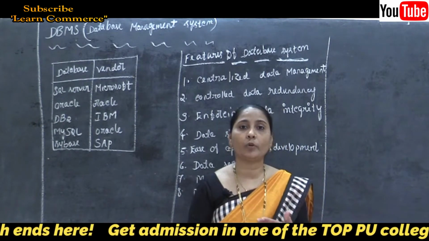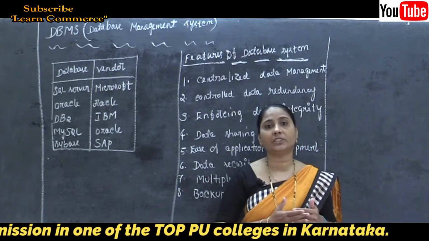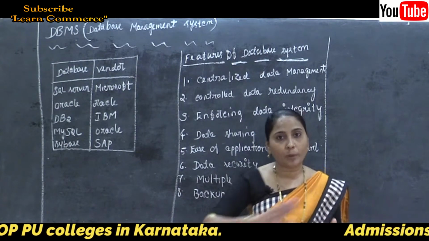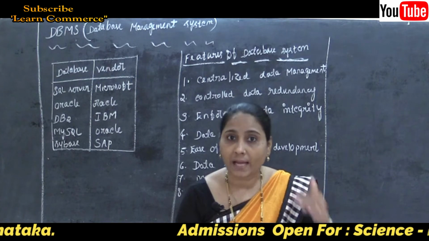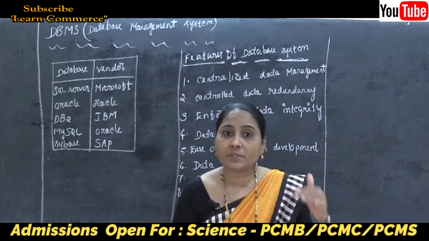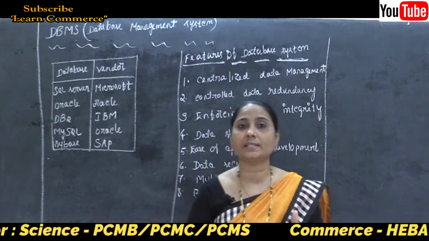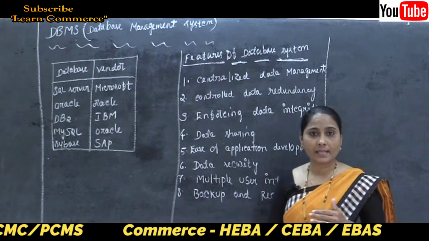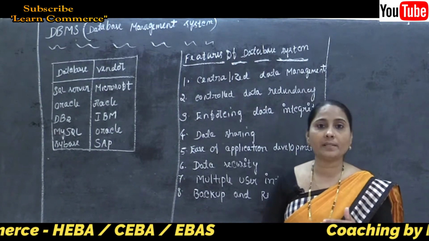Maybe two members want to access the same data at the same time; at that time it provides concurrent access, that is, constant behavior at the same time.